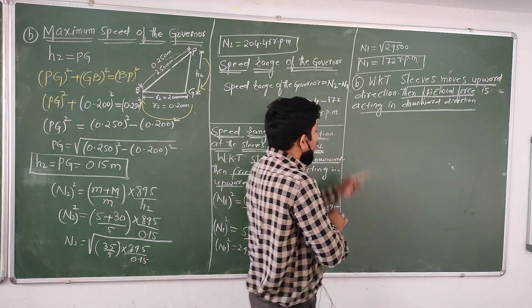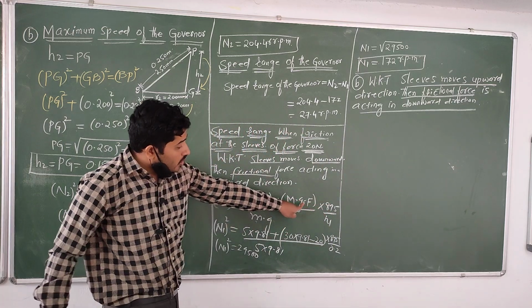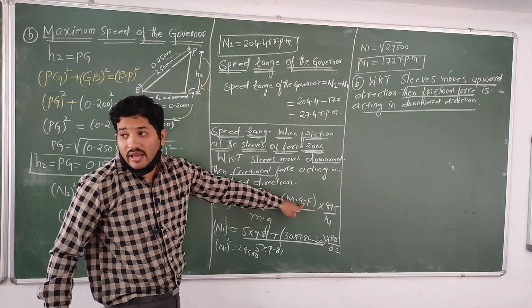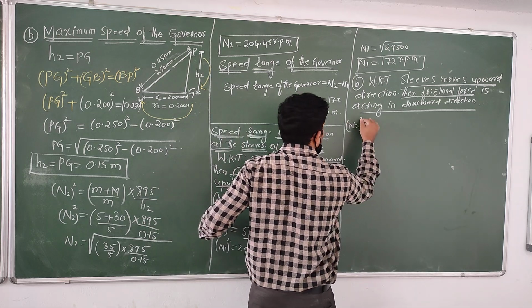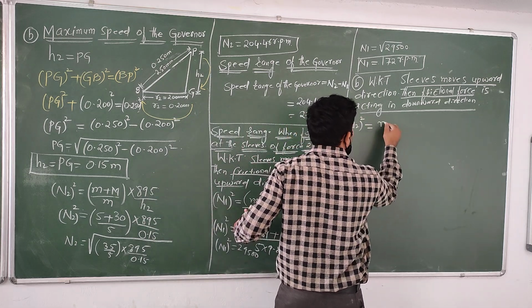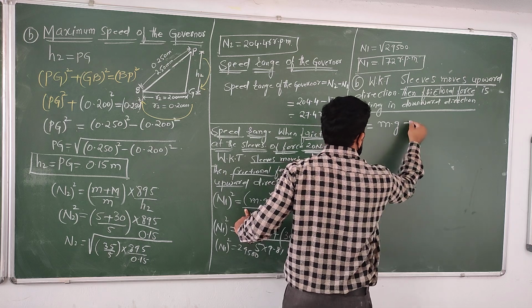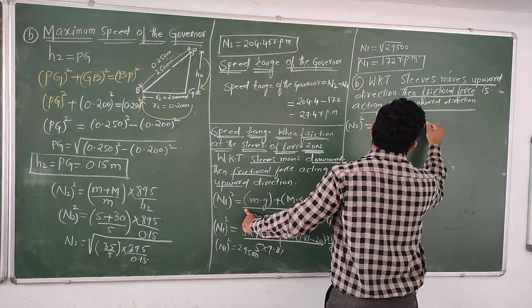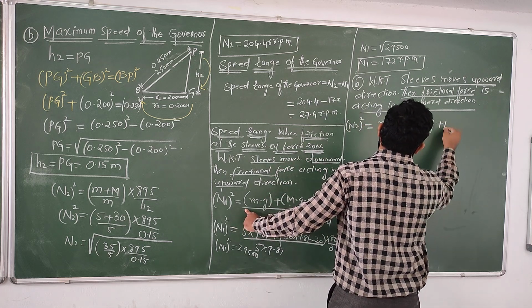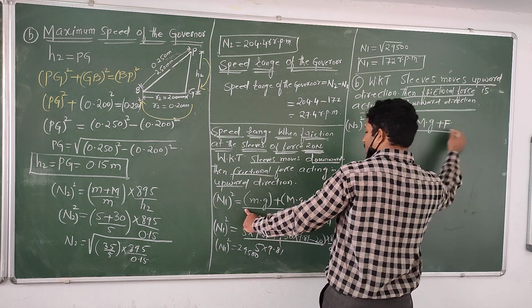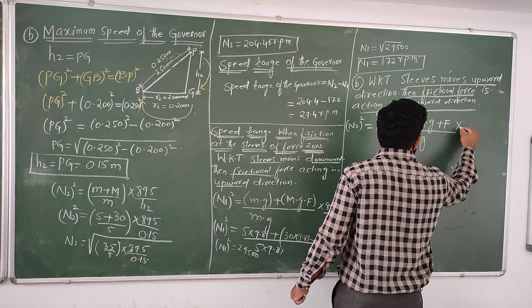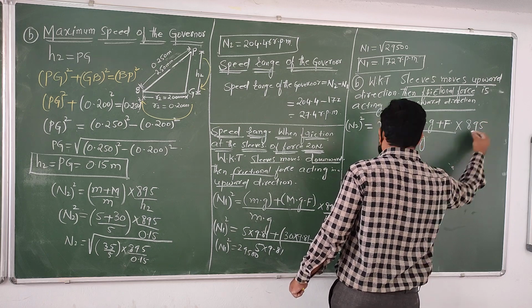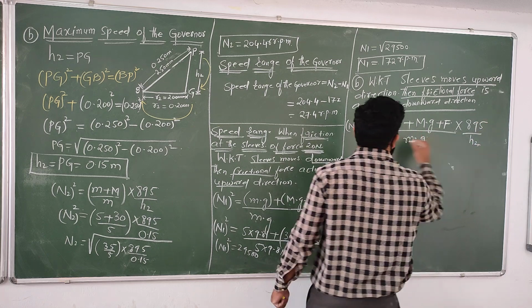Is it right? So for that reason, we need to represent as plus F. Okay, N2 whole square equal to (m into g plus capital M into g plus F) by small m into g into 895 by h2.